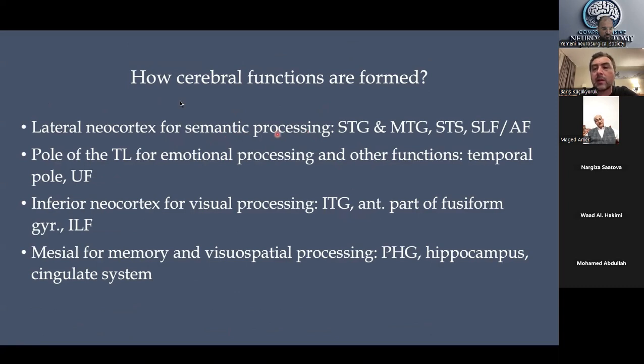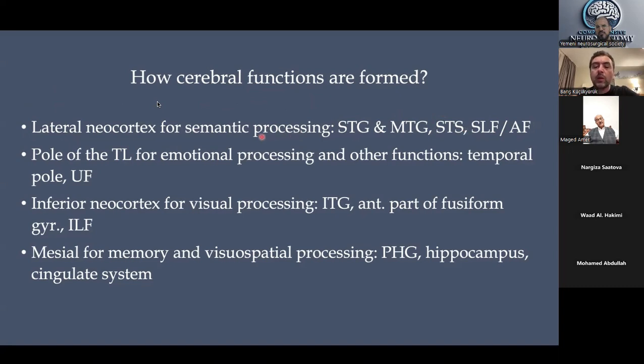Semantic processing means that we understand what people are speaking and what we are speaking back, which is mainly formed in the lateral neocortex at the superior temporal gyrus and middle temporal gyrus, and deep to the superior temporal sulcus. I will be showing these, but also deep to the neocortex, there are the superior longitudinal fasciculus and arcuate fasciculus. So both cortical and subcortical structures form this semantic processing together.